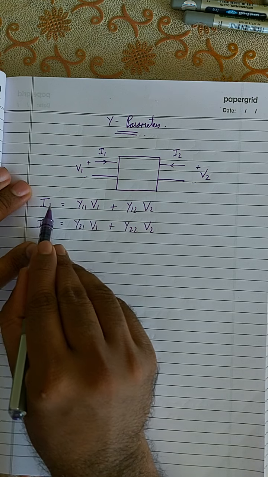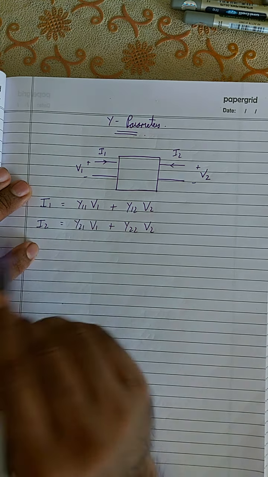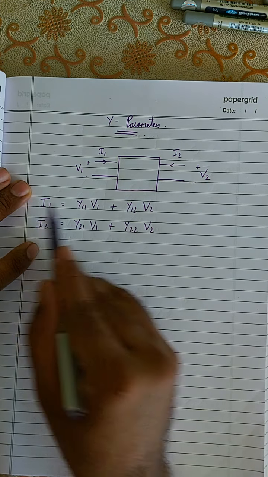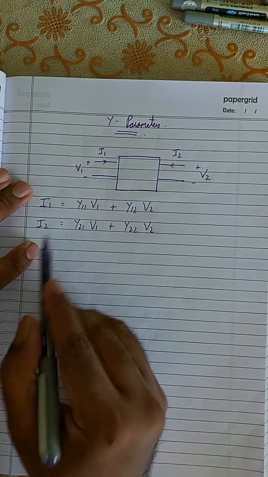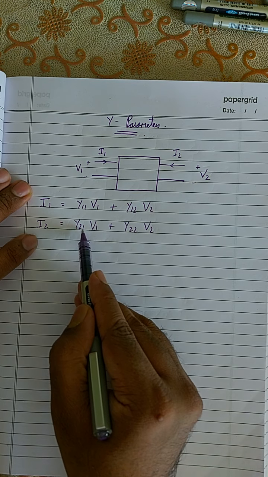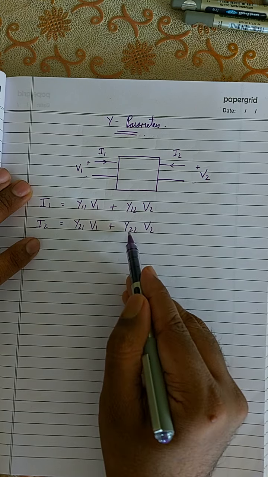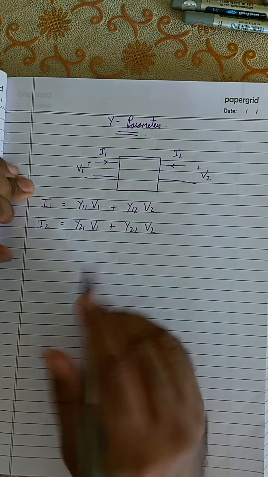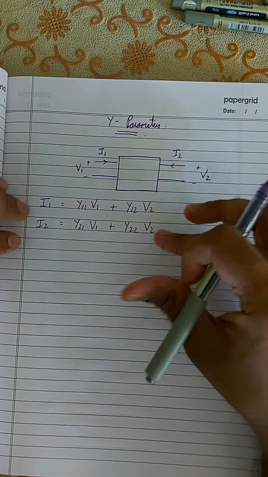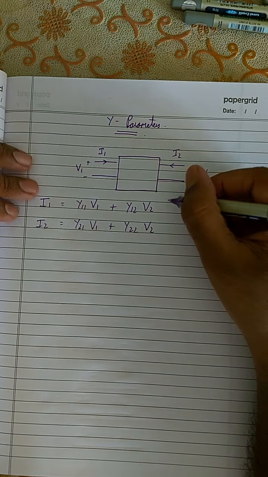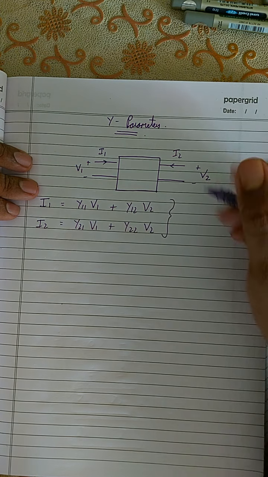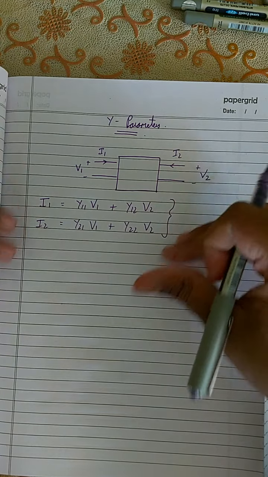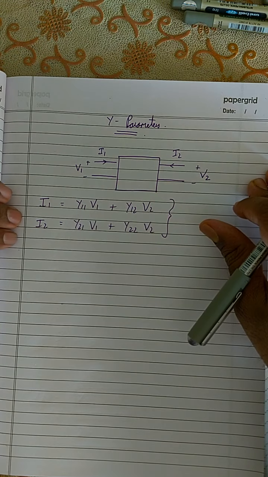This one represents this one, and this two represents this two. Like I said again, if you are able to remember these two equations, then you can find the value of any y parameter.